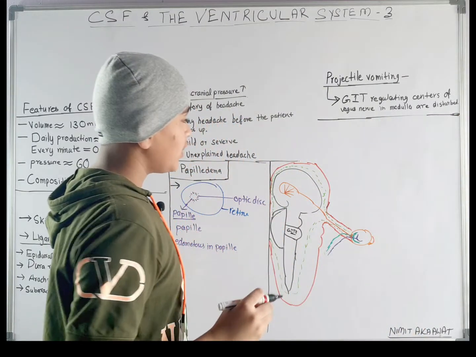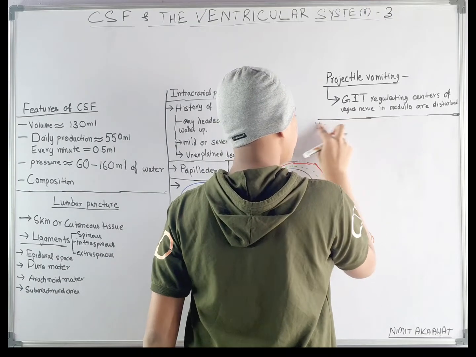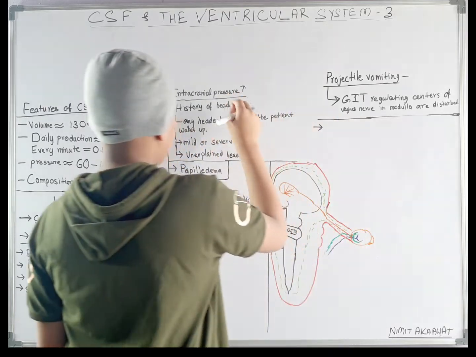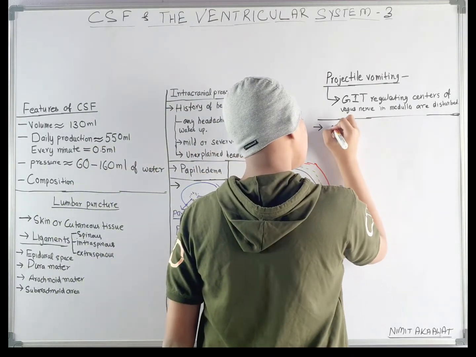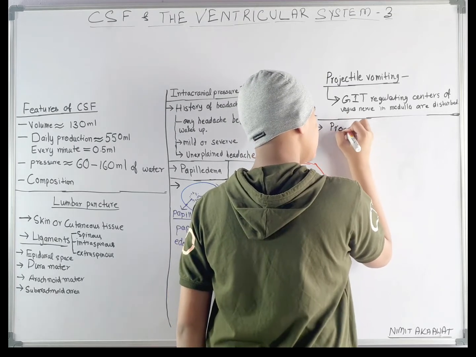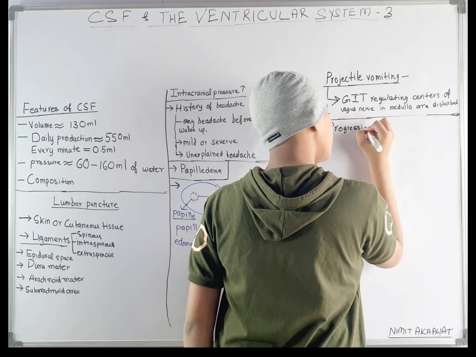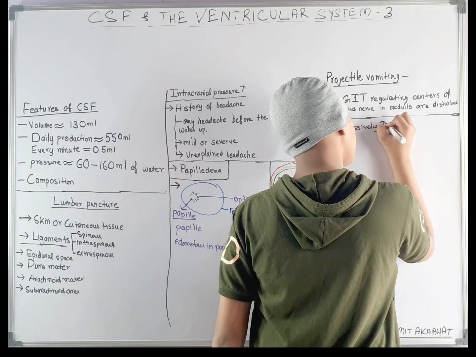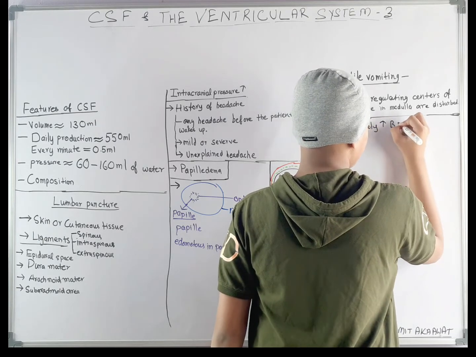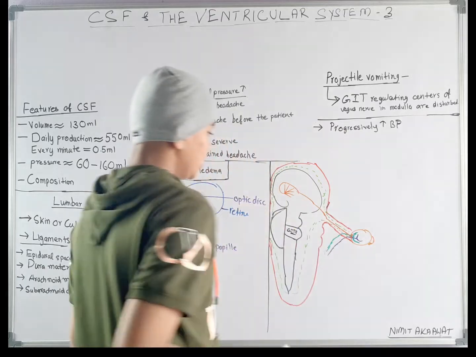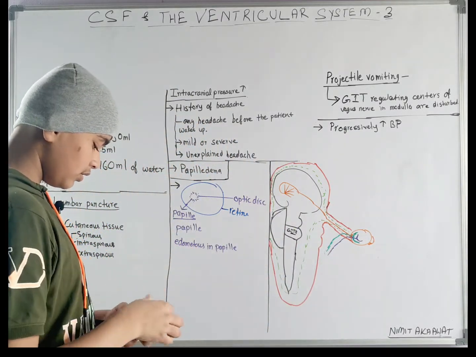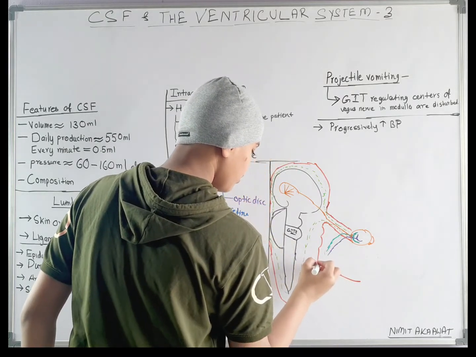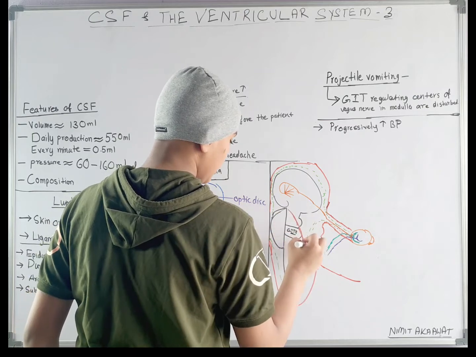Now, the fourth factor of high intracranial pressure is progressively increasing blood pressure. For example, here is one artery which supplies blood towards the central nervous system.